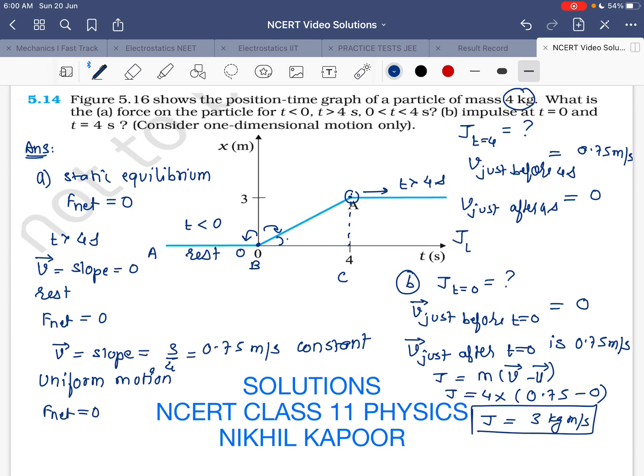Therefore impulse at t equal to 4 second will be equal to m(final velocity minus initial velocity). This is 4 kg, final velocity is 0, and initial is 0.75. So impulse at t equal to 4 second comes out to be -3 in SI unit. So that is the answer to this question.